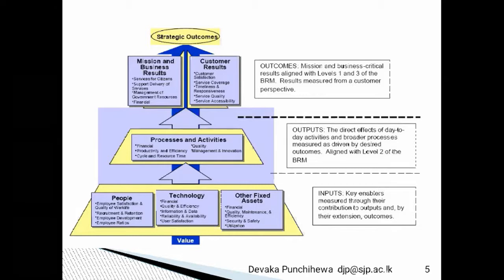So here we say mission and business critical results align with the level 1 and 3 of DRM. What do you mean by DRM? DRM stands for business relationship management, right? So mission and business critical results align with the level 1 and 3 of business relationship management. This is very critical.